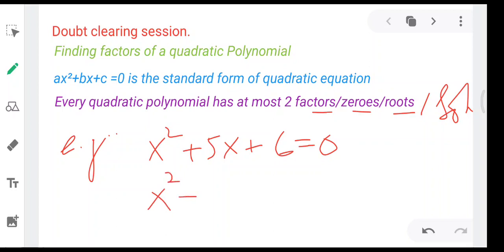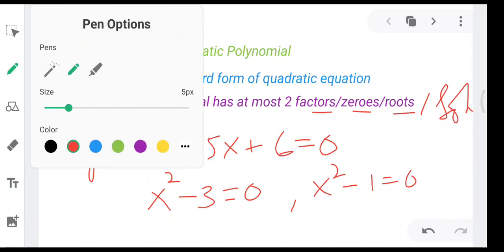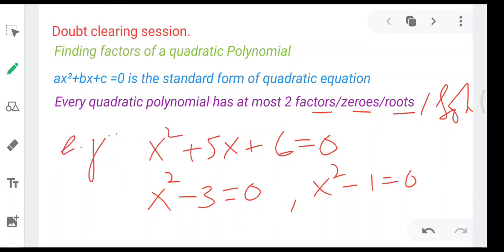X square minus 3 is also a quadratic polynomial. Or you say x square minus 1, this is also a quadratic polynomial. Here only 2 terms are there. The x square term is there, and c is there, the constant. The x term is missing, the second term.